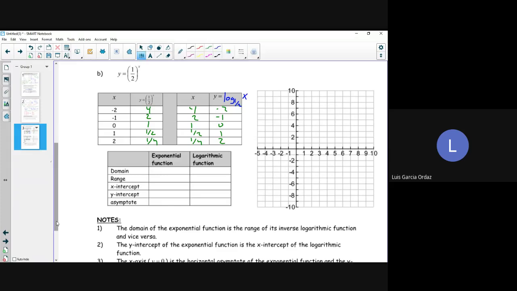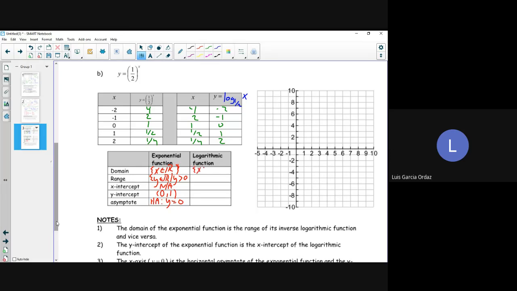So the domain is still x is an element of the real numbers for the exponential. The range is y is an element of the real numbers such that y is greater than 0. There is no x-intercept, there is a y-intercept at 0 and 1, and there is a horizontal asymptote at y is equal to 0.